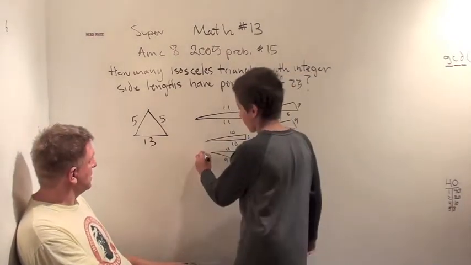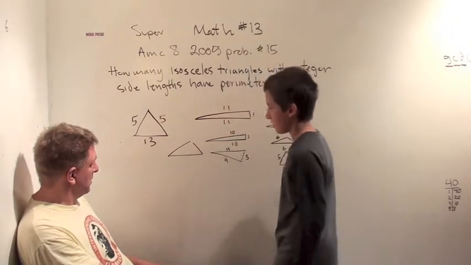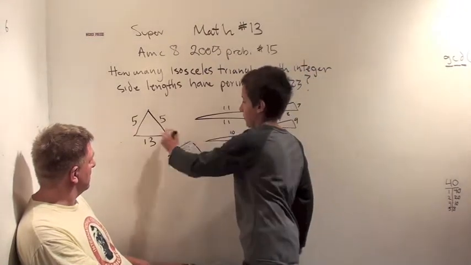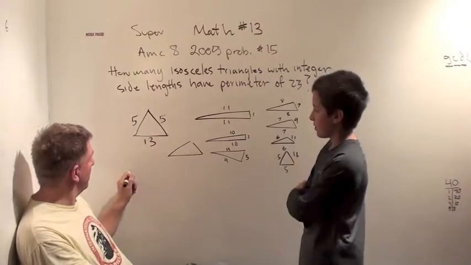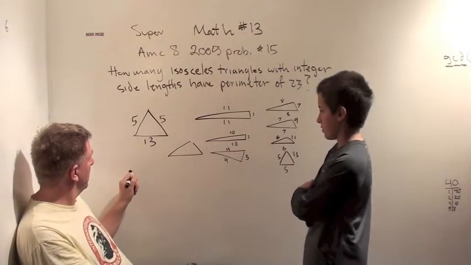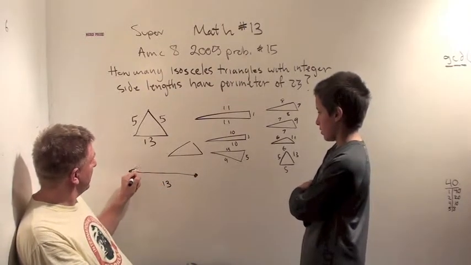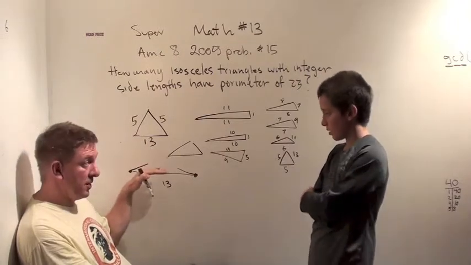Because if this were drawn correctly, this triangle would look more like that, because this 10 doesn't stretch across 13. The longest you could stretch out 5 and 5 would be 10. So if you had a point here and a point here that were 13 apart, and you tried to go 5 that way and 5 that way, it wouldn't close the gap.